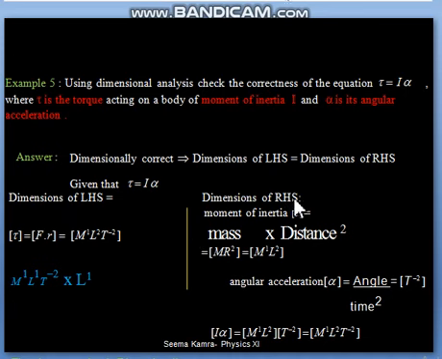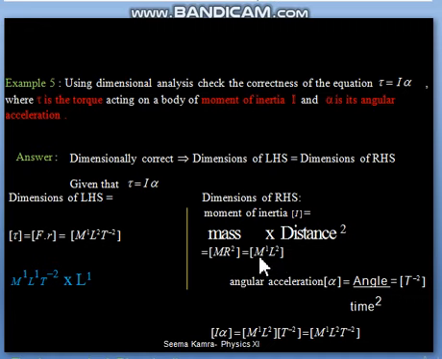Now right hand side we have I alpha. So what is I? I means moment of inertia. Its basic formula is mass into distance square, and mass means m1 and distance means L. So L square.